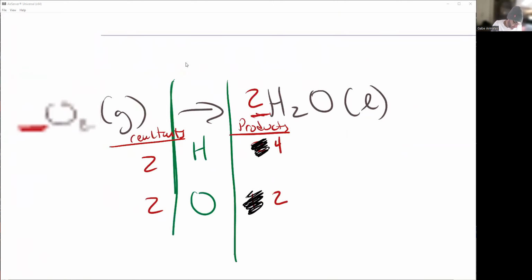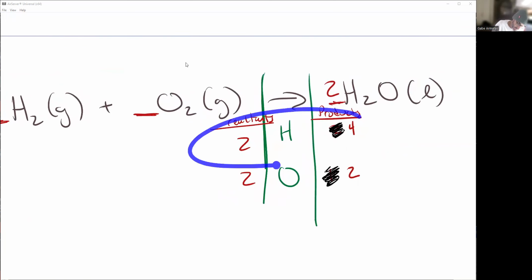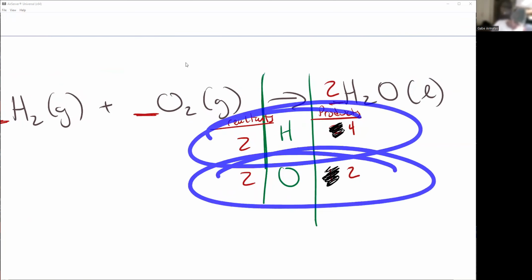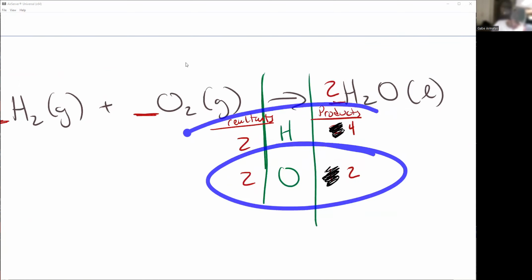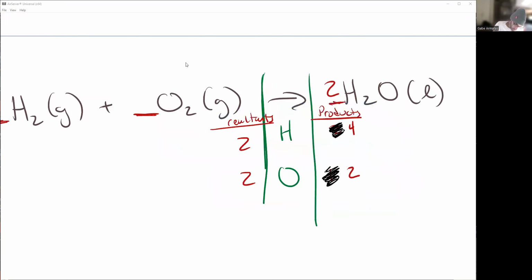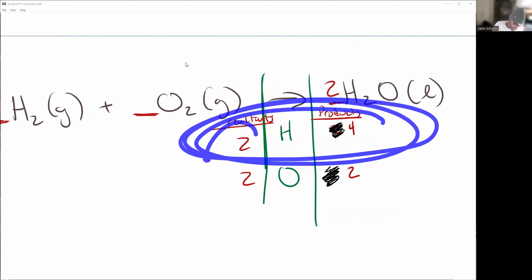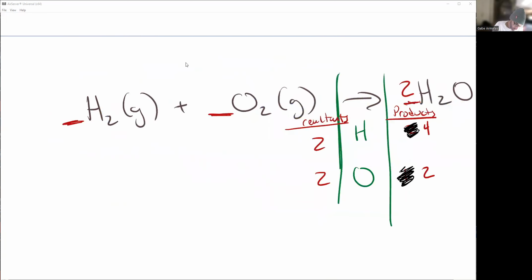Now if we look at the equation as a whole, let's start again. These were balanced, and then I tried for oxygen, which is now balanced, but now the hydrogens are off. So you just keep going back and forth until you balance everything out. Now my hydrogens are unbalanced. I need more on this side. So what do I have to put in front here? I want more hydrogens.